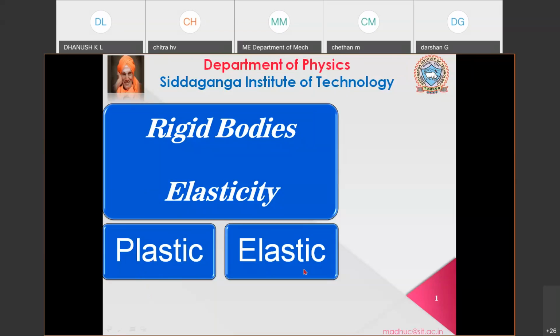And in the case of elastic, even after removing the force, the material will try to come back to its original shape and size. Okay, so you can give some examples for plastic. You can unmute yourself and tell me what are the plastic materials.